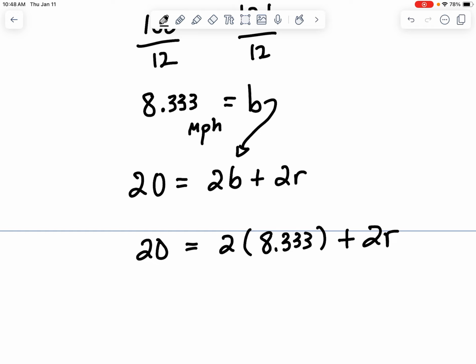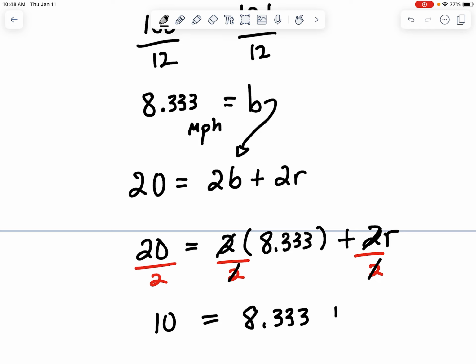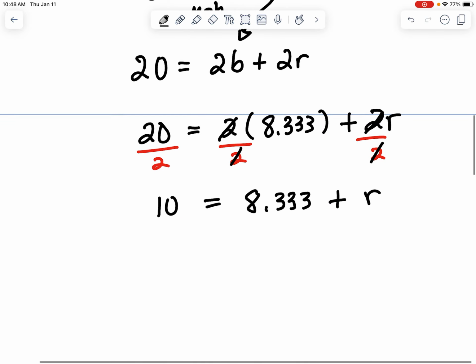And then, you know what I could do to simplify this? I could divide all those numbers by 2. It's not the only way to do the problem, but I just noticed that they all have a 2, so then I could divide by 2. And then we've got 10 equals, and these 2's will cancel, so that leaves 8.33. And then since the 2 cancels, there's just an r.